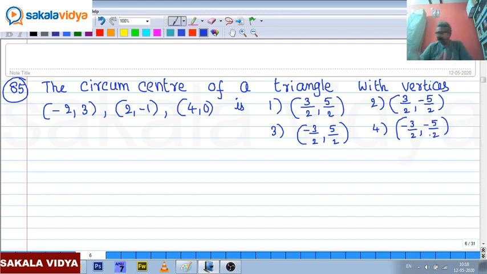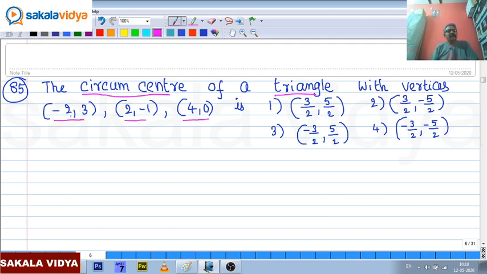Okay. First, the circumcenter of a triangle with vertices (-2, 3), (2, -1), (4, 0).